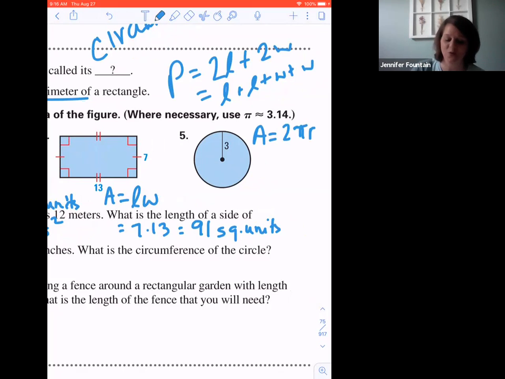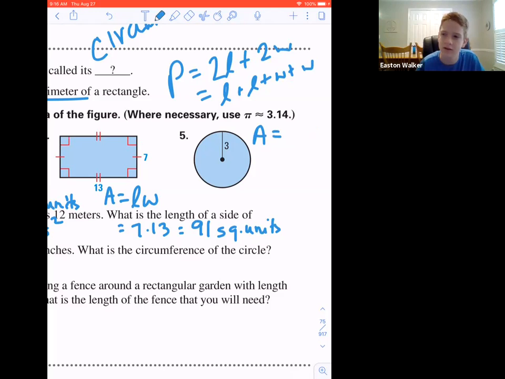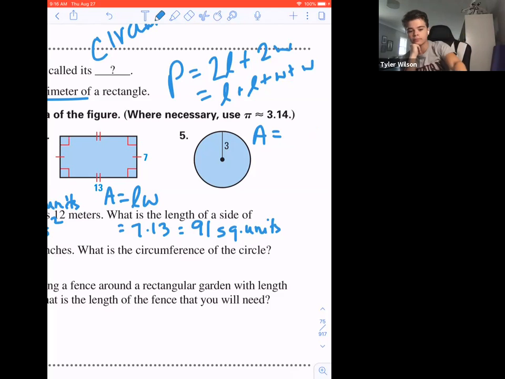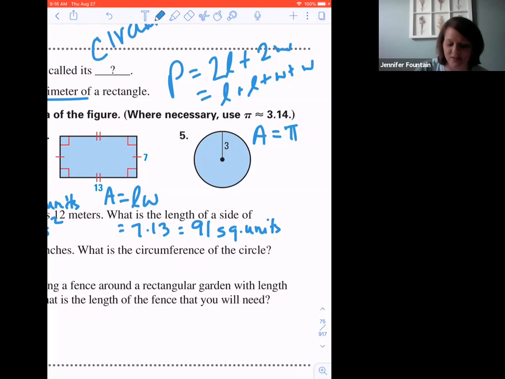No. What formula is for area? Area of a circle. What is my formula for area of a circle? Pi r squared. Yep, I tried to give you the circumference one, see if we're awake. All right, area equals pi r squared.